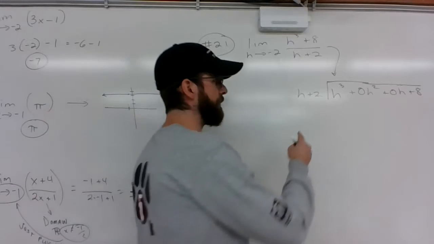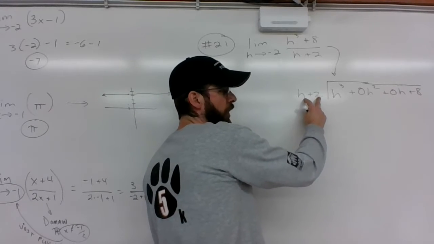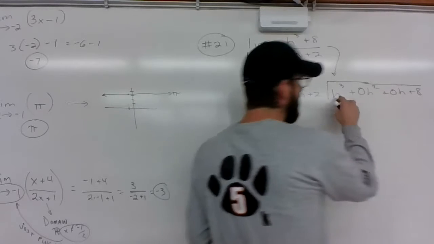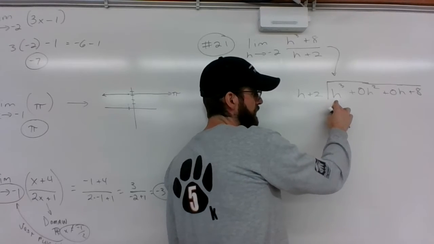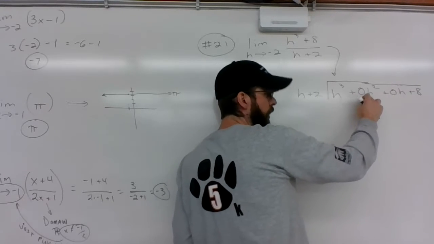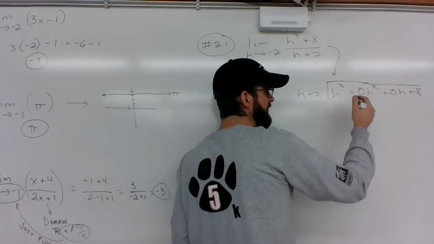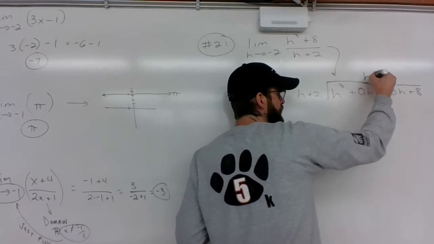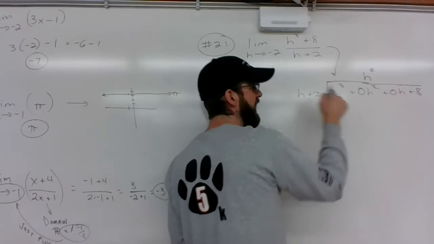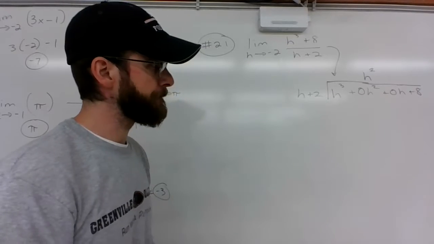So now how many times does h plus 2 go into h cubed plus 0h squared? Well, it looks like we need to create an h squared to cancel with that h cubed.